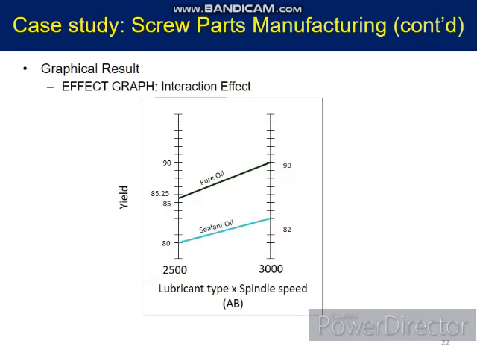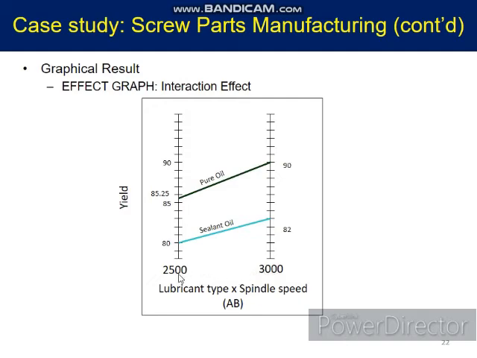Okay, so the graphical effect for the interactions can also be plotted as shown here. If you look at how this is plotted, the x-axis will be one of the factors, and you're going to evaluate that factor.